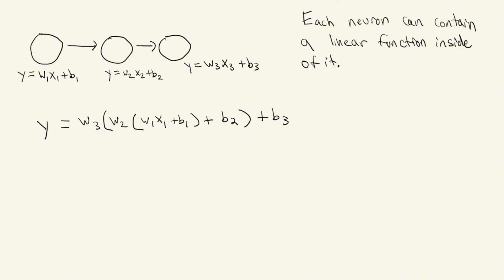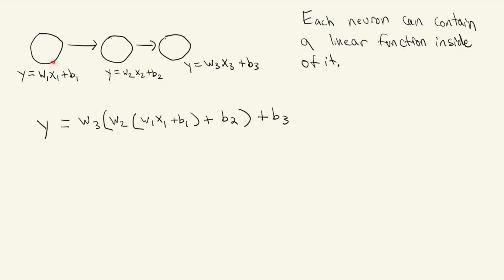So one is that in actual neurons and real neural networks, like I kind of said, it's not just a linear function that's happening in each of these neurons, but we'll get to that. And the second thing I want to note is technically it doesn't have to be a linear function inside each neuron, but in almost all modern neural networks it is. And we'll get to why that is in later videos too.